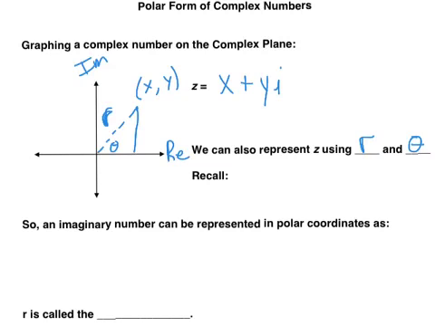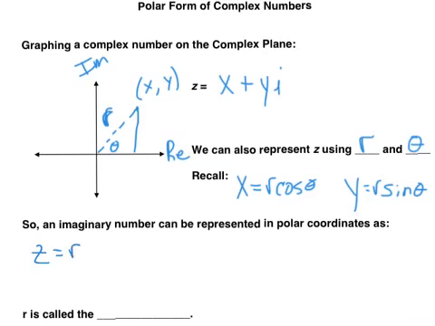So to do that, recall that my x values are going to be r cosine of theta, and my y values, which is the imaginary part, that's r sine of theta. So an imaginary number can be represented in polar coordinates like this. My z value is going to be, the real part will be r cosine of theta.